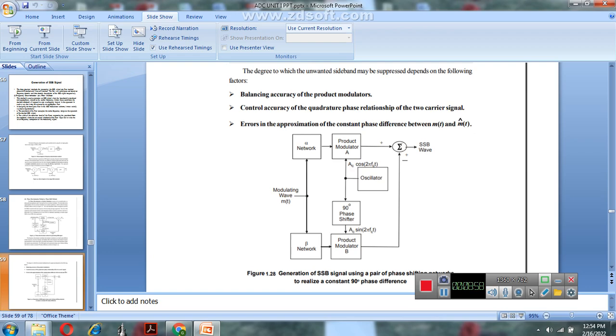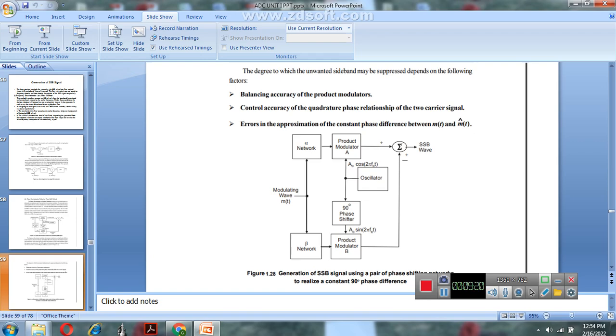Product modulator A has the alpha network and product modulator B has the beta network. The modulating wave m(t) is given to the input of both the alpha network and the beta network. The outputs of the alpha and beta networks are connected to product modulators A and B.